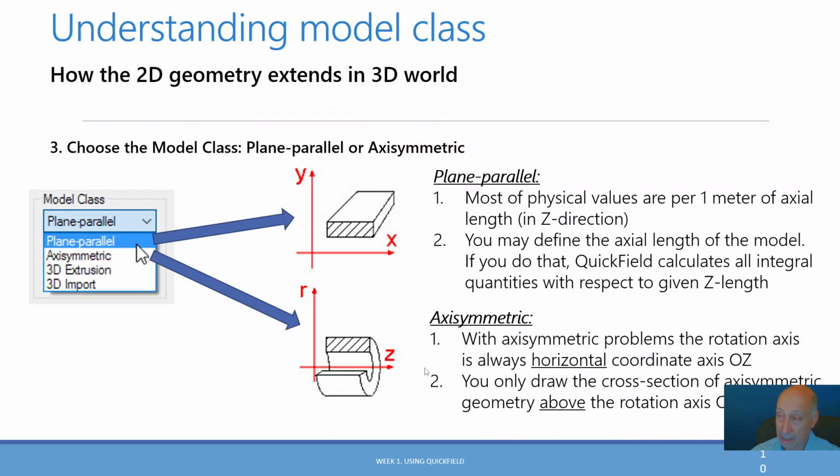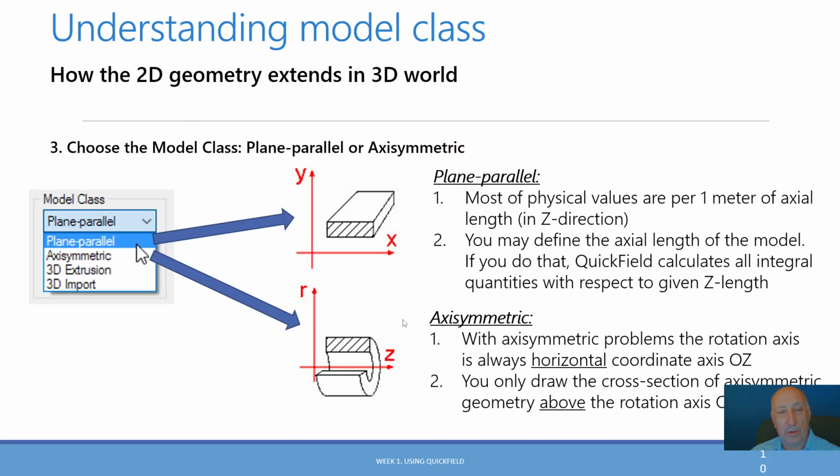It is unlike, for example, COMSOL. COMSOL uses a vertical axis as the axis of rotation, but QuickField uses a horizontal axis, and it is hard-coded, only this and nothing more. Well, you see the difference between plane parallel and axisymmetric simulation.